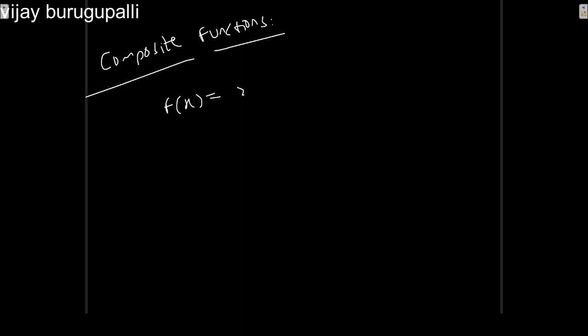Now let's try to understand composite functions. For instance, if you have two functions, f of x is equal to 2x minus 1 and g of x is equal to x square, and we have to find the value of y, which is nothing but g of f of x.